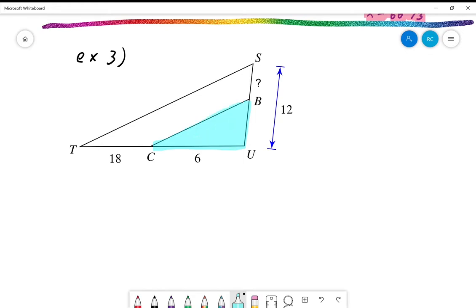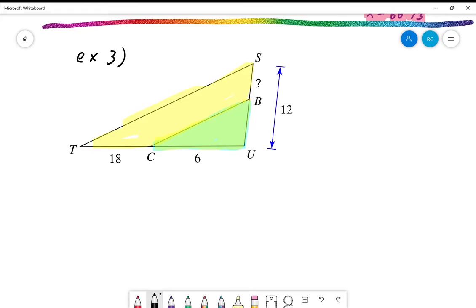Now, our minds are sort of trained to see this trapezoid here as its own shape. But in reality, it's not. It's actually this whole triangle. Okay? So you've got one small triangle and one large triangle, and we know they are similar because the problem says so. Okay?